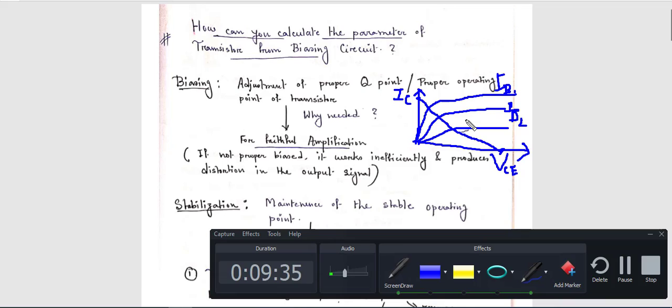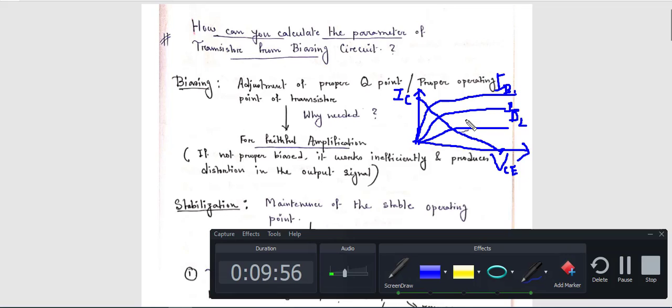That means one Q point. You cannot choose different Q points. You have to choose only one Q point which lies in the middle of the active region. In that condition, you can achieve faithful amplification. That's why biasing is very, very important.